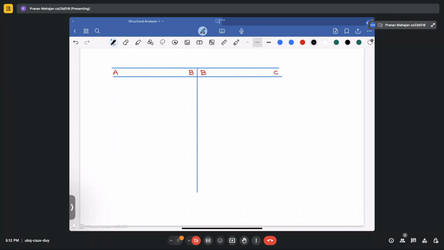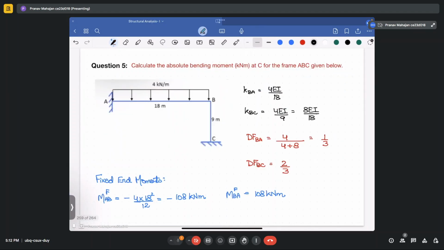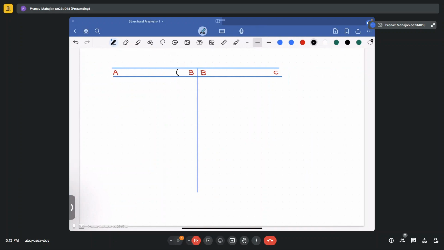Distribution factors you are having as 1 by 3 and 2 by 3. The fixed end moment values you have calculated as minus 108, 108, 0, and 0.